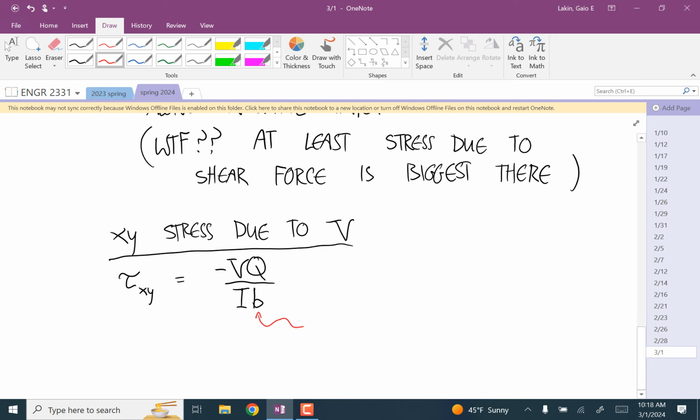So this is the width of the cross section at the desired location.